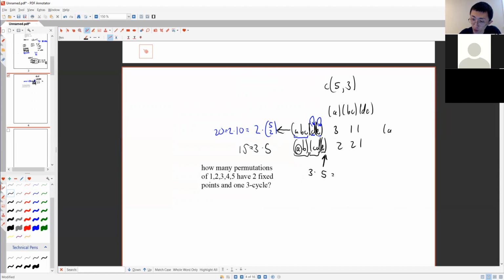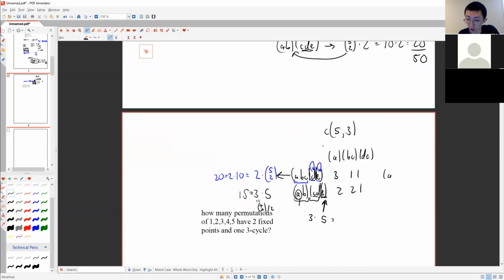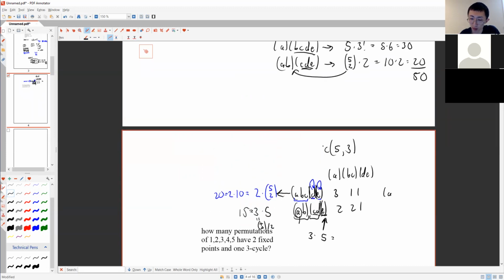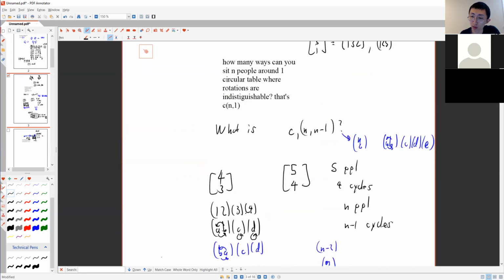So 5 ways to choose which one's by itself. For the 3, you can think of it as 4 choose 2 divided by 2, or just one of the elements has 3 possible choices for its neighbors. And then there's just one way for the other 2 to switch with each other to be a transposition. Okay, so we have 20 plus 15, which is 35.